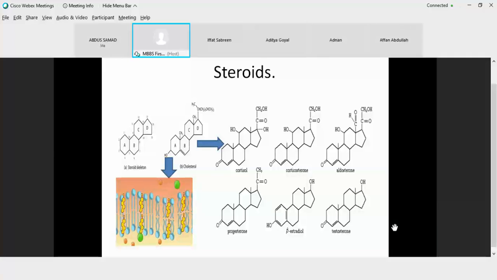Now, cholesterol is a steroid which gives rise to a number of hormones. All these hormones mentioned here, progesterone, estradiols, testosterones, aldosterones, cortisones, glucocorticoids, mineralocorticoids, they all are derived from cholesterol. People say that cholesterol is bad for the system. The reason is that in the human body, the metabolism of cholesterol is not very well regulated.